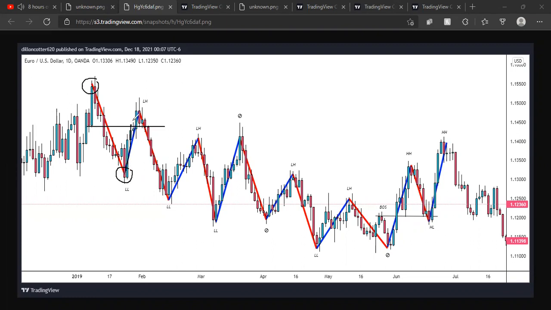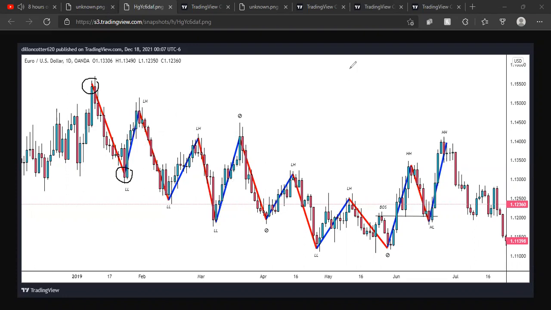And we see a retracement and expansion, and a retracement back into this area here. Did it give us a higher high? No, it didn't. So we're still in bearish order flow.